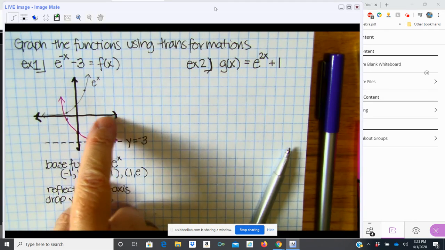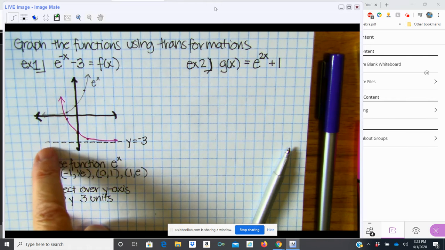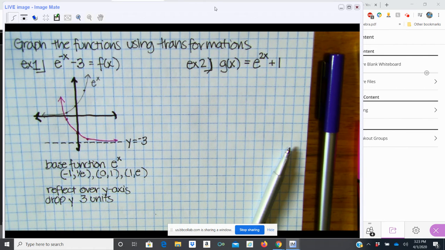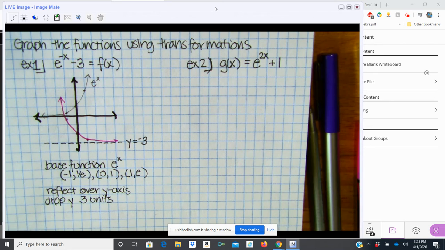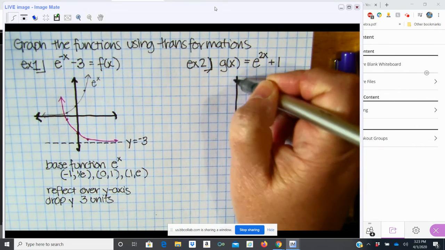Since our horizontal asymptote would have been at 0 originally, when we dropped the graph down 3 units, our new horizontal asymptote is at y equals -3. Questions? Good.